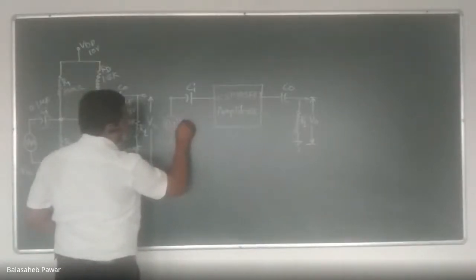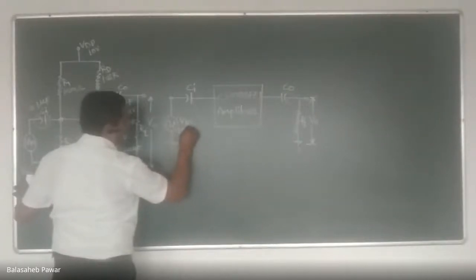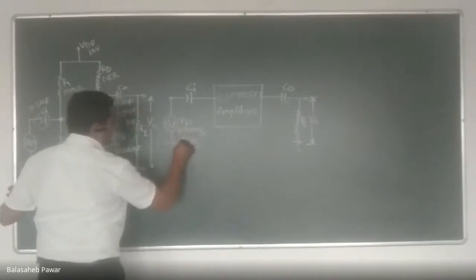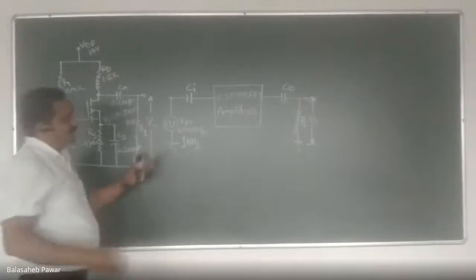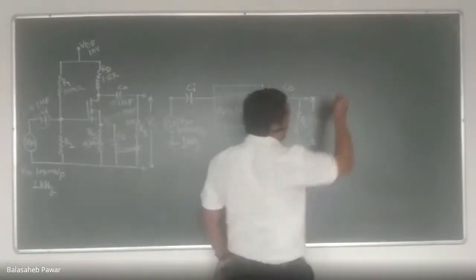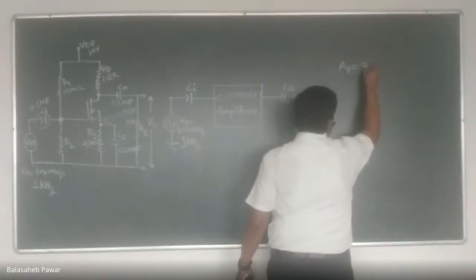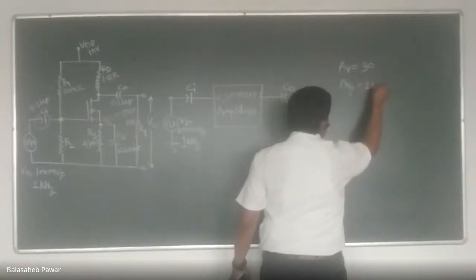Here we are applying this input signal, which we take as 100 millivolt peak with 1 kilohertz, correct? And yesterday, during our practical session also, we determined the gain of this amplifier circuit. During our theory lecture, we took that gain as 30, and practically we got 27.5 something.